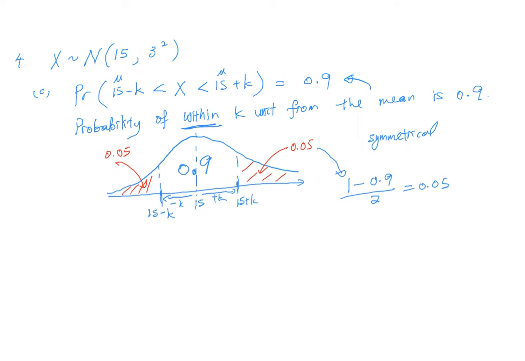Now, how am I going to get the value of K? Based on this diagram, depending on what type of calculator you have, if you have the newest calculator, you can straight away use inverse norm.